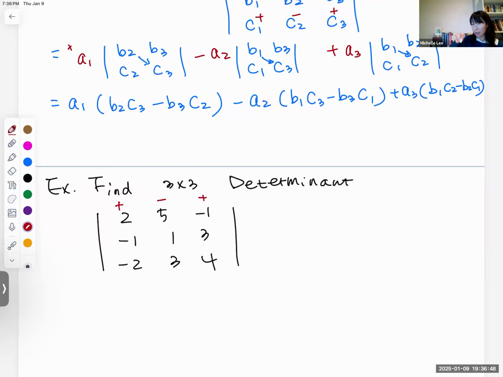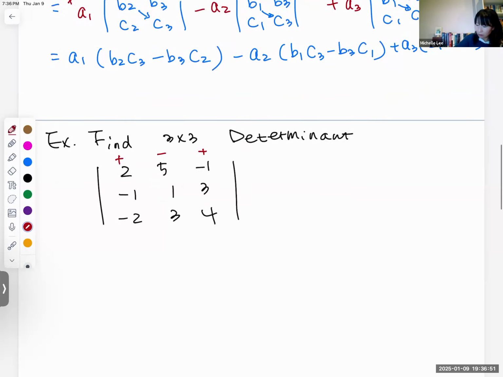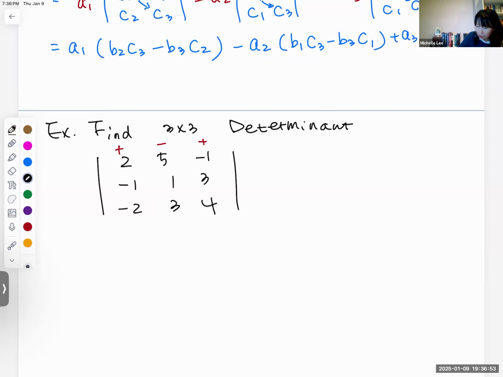So we need only that sign. We don't need the rest. Then we factor out with 2, negative 5, plus negative 1. If we factor out with 2, then we are using only these numbers: 1, 1, 3, 3, 4.